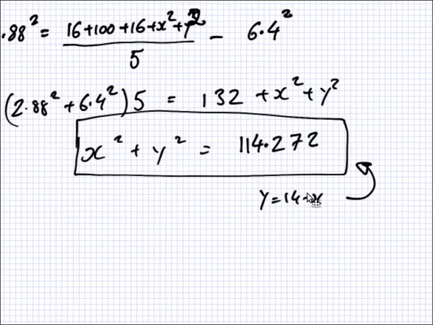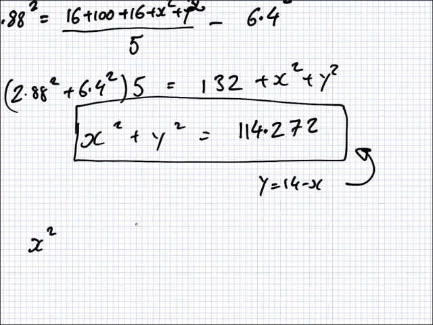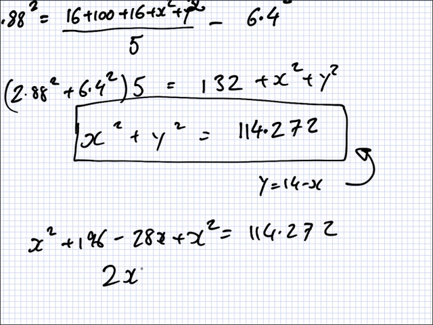So now you get x squared plus y squared, which is, what's 14 squared, Mo? 196. So it's x squared plus 196 minus 28x plus x squared equals 114.272. So that's 2x squared minus 28x, and then 196 minus 114.272, please.